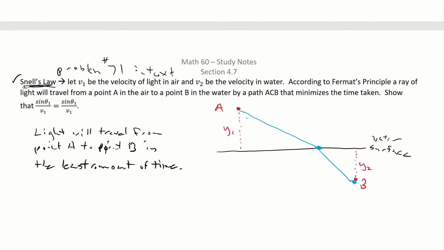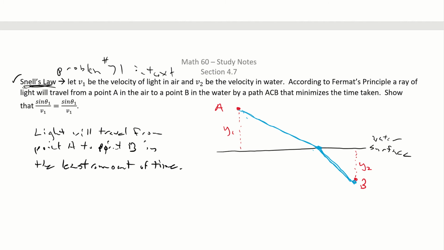Pretty cool. Okay, so the least amount of time, right? And so the time it takes to go from point A to, you can call this anything you want, and then from that point on the surface down to point B under the water, we want to minimize the time it takes to travel. So that's the game.